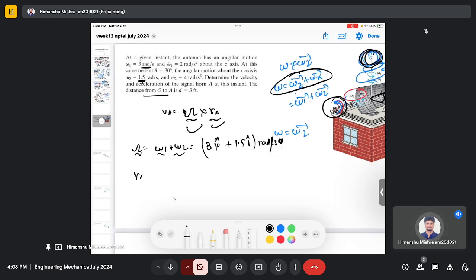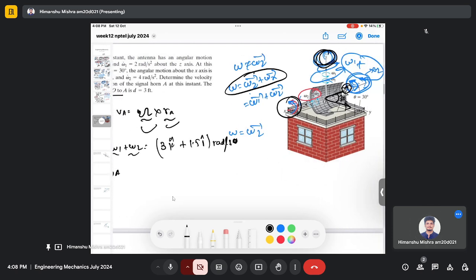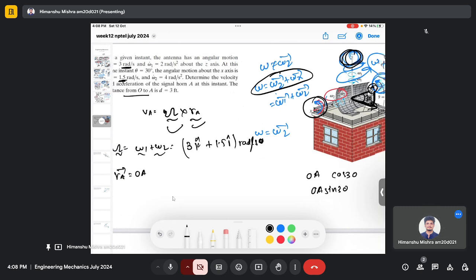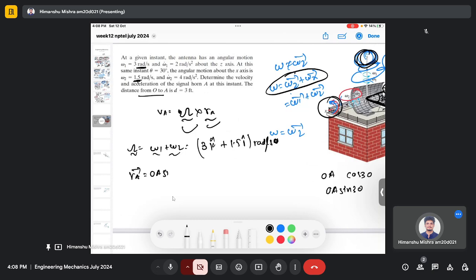And what is the position vector? So it is OA. Along the y-axis it will be OA cos 30, and along the z-axis it will be OA sin 30. So basically we are just taking out the components, so it will be OA cos 30 j cap plus OA sin 30 k cap.